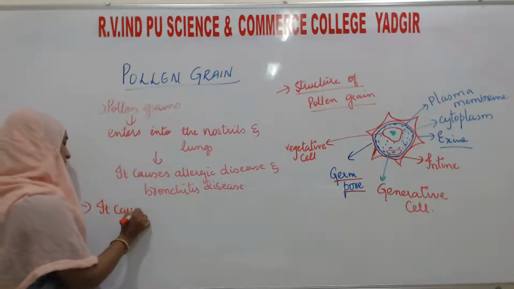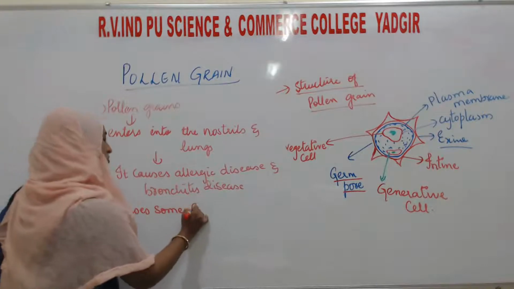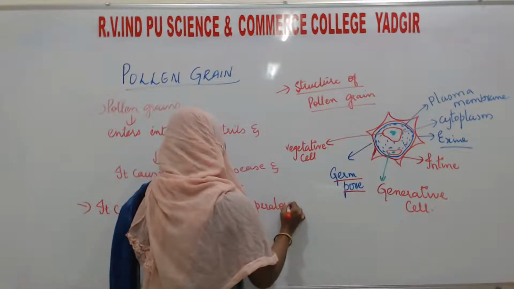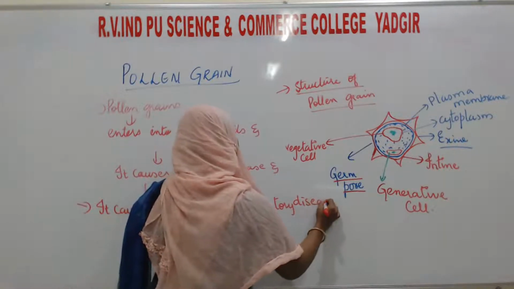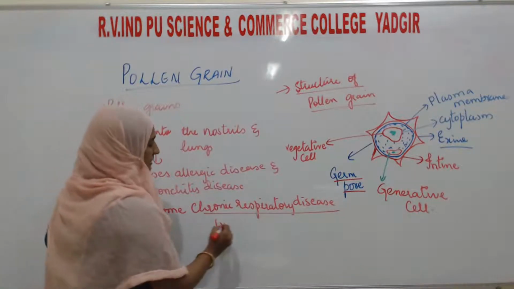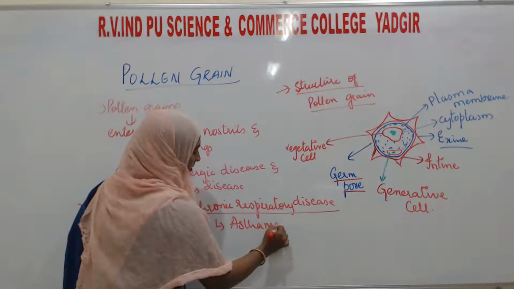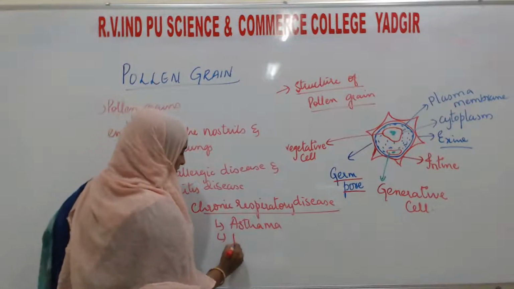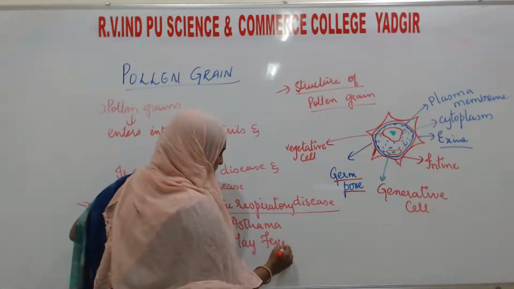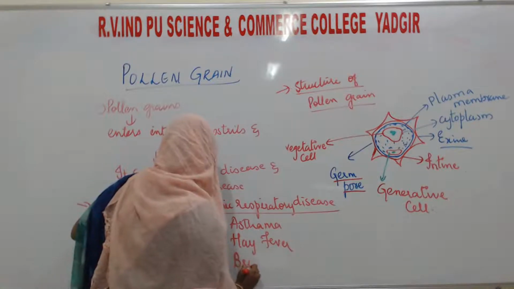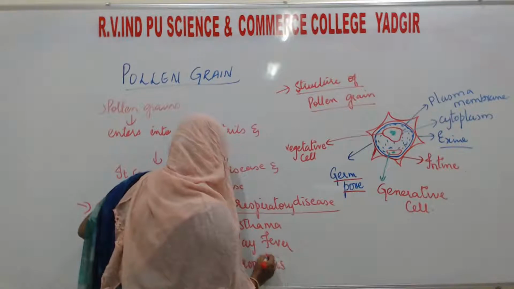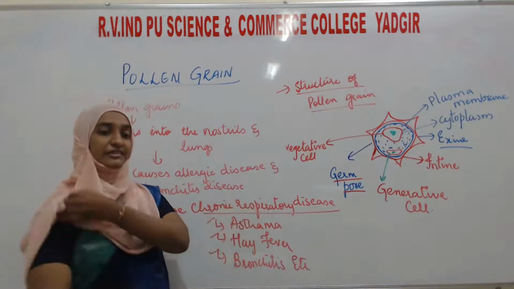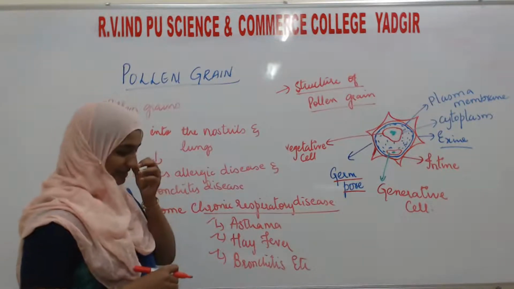It causes some chronic respiratory diseases such as asthma, then hay fever, bronchitis, etc. So all these diseases are related with the respiratory system, that means with the lungs. Okay, so this is about pollen grain.